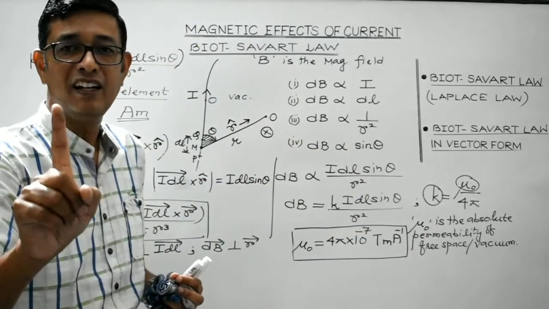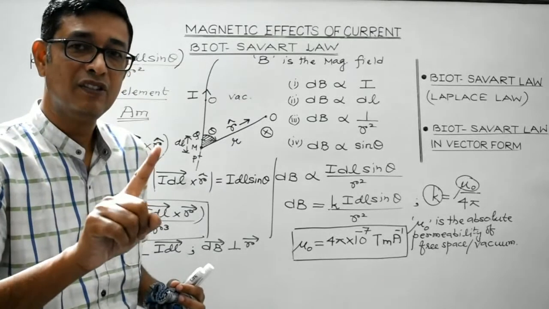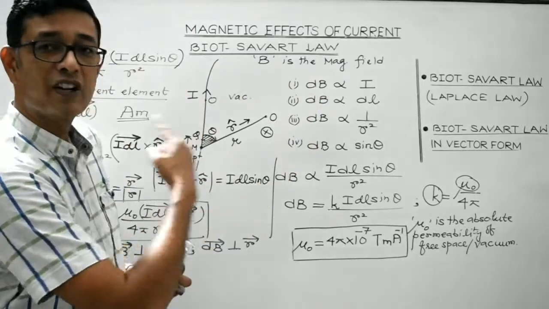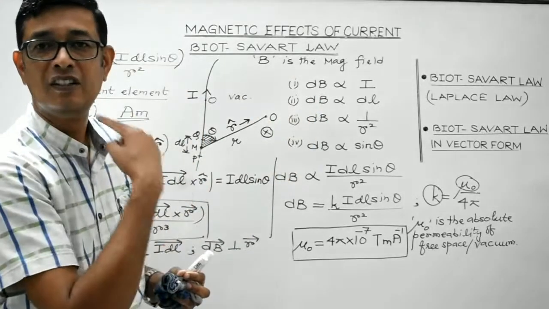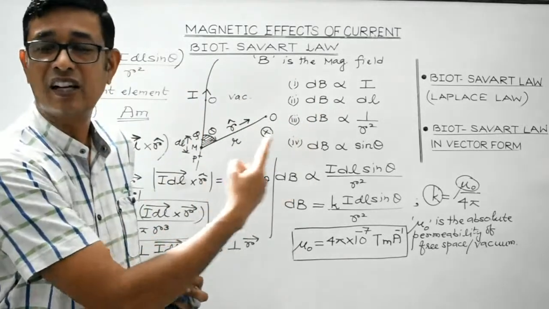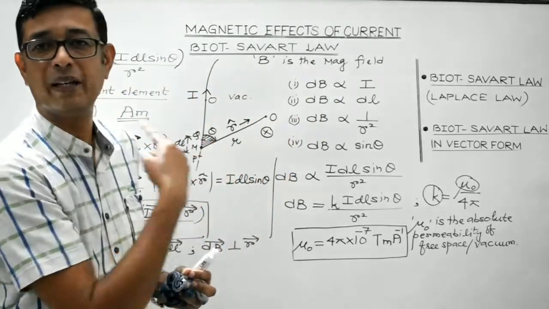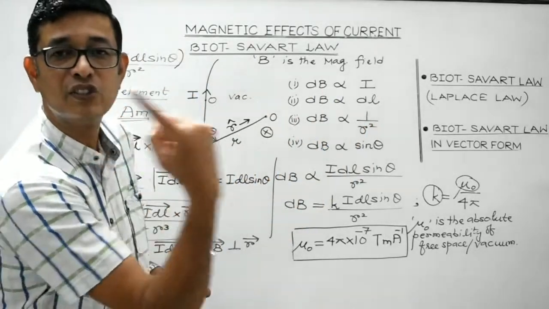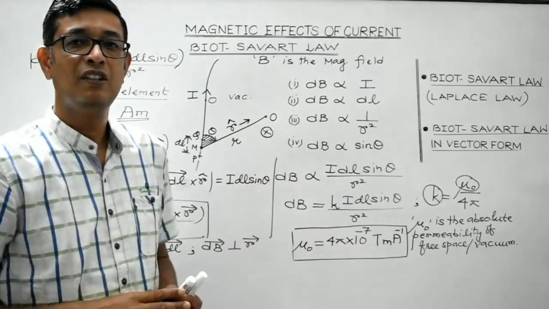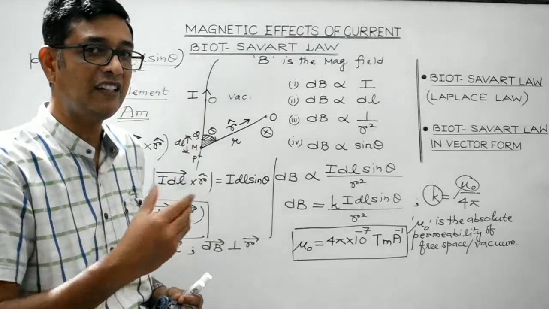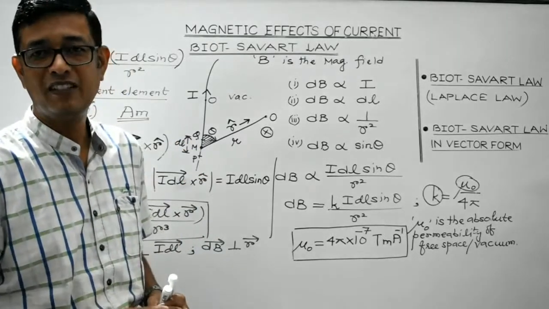On the other hand, magnetic field lines are in the form of continuous closed loops. They neither have a starting point nor an end point. So these are the two fundamental differences between electricity and magnetism, right?